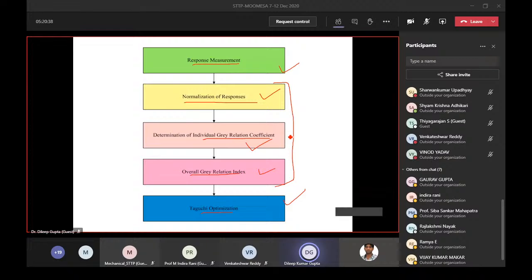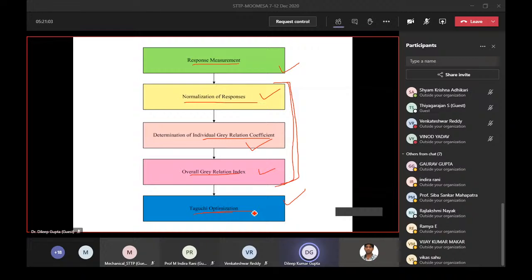This part can be done by any MADM technique. Then finally we will go for the Taguchi optimization, which we discussed in terms of SN ratio and the average value calculation. Based on that, the response was plotted, and the combination for the best result was discussed earlier. Fine, so these are the steps of gray relation analysis.